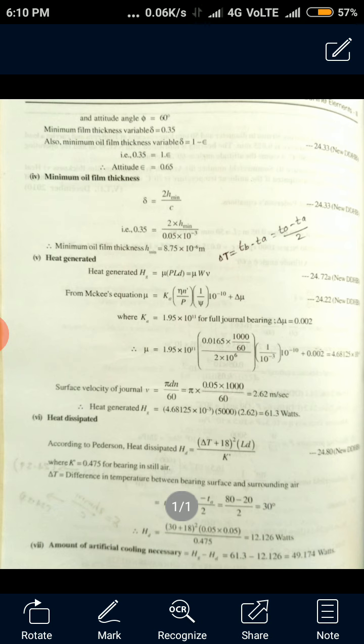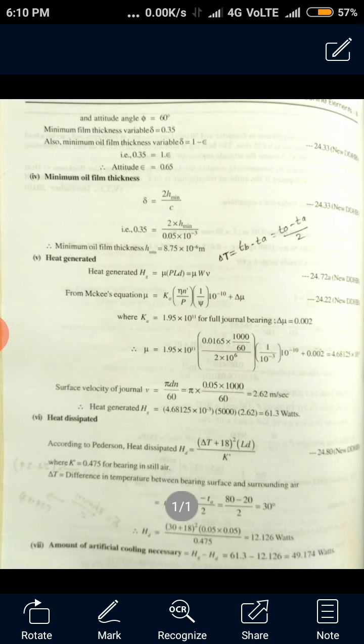Then we'll go for the fifth parameter, heat generated. In the earlier problem, specific heat was given. When the specific heat of the oil is given, there is a formula to calculate Hg that you have to use. If specific heat is not given, there is one more formula to calculate heat generated, equation 24.72 a.